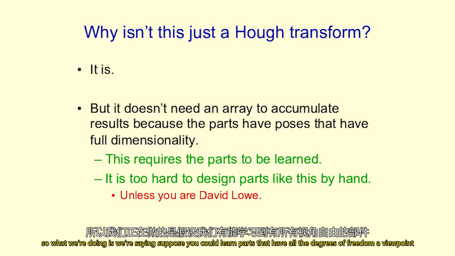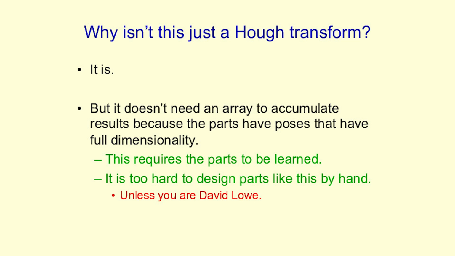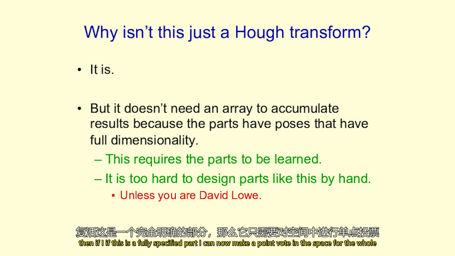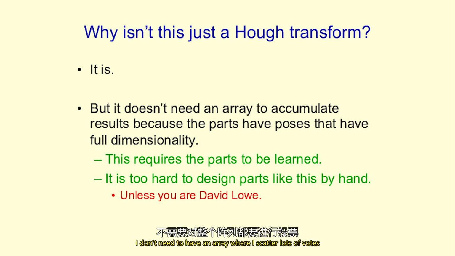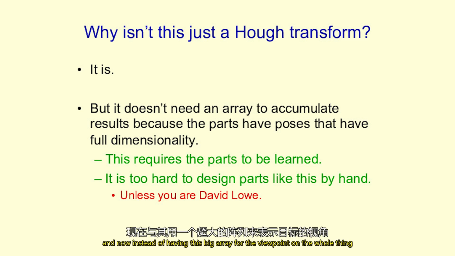So what we're saying is, suppose you could learn parts that have all the degrees of freedom of viewpoint. Then if this is a fully specified part, I can make a point vote in the space for the whole. I don't need to have an array where I scatter lots of votes. I make an unambiguous point vote.